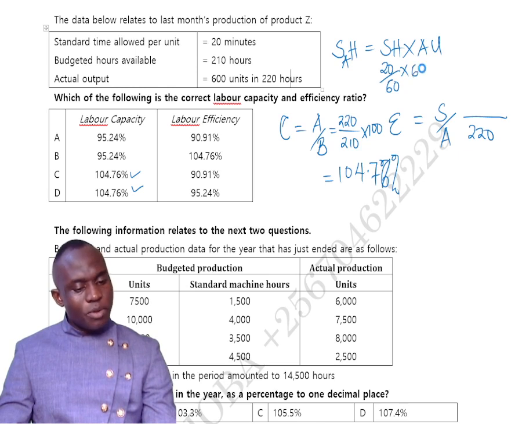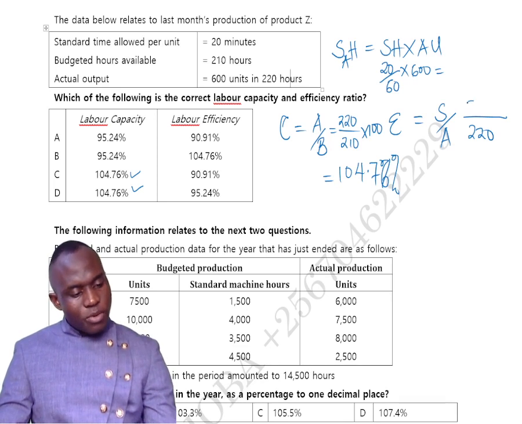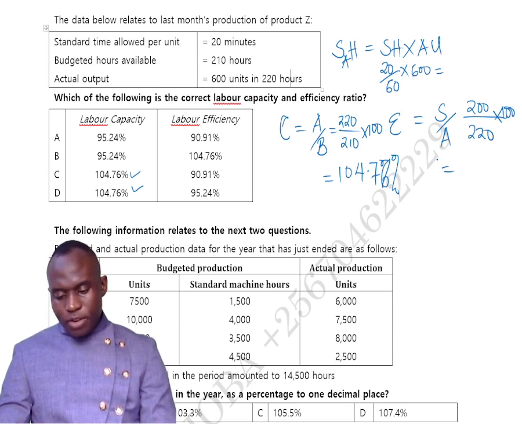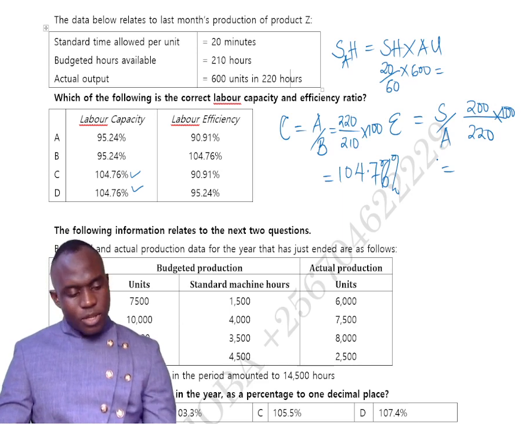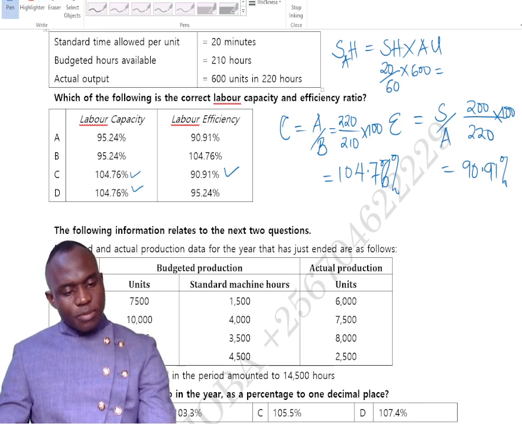They actually produced 600 units. So we get 20 divided by 60 times 600, which is 200. So it is 200 divided by 220 times 100, and the answer we get is 90.91%. So the correct answer is C.